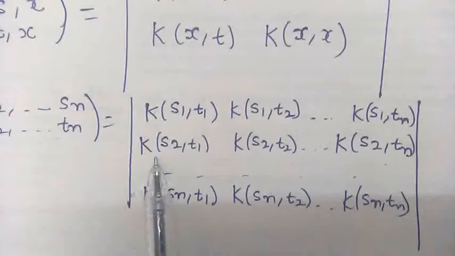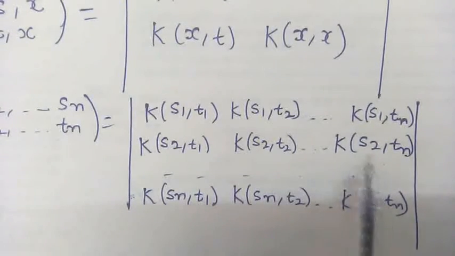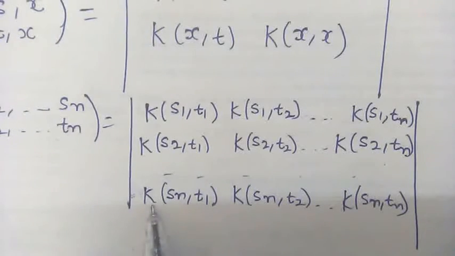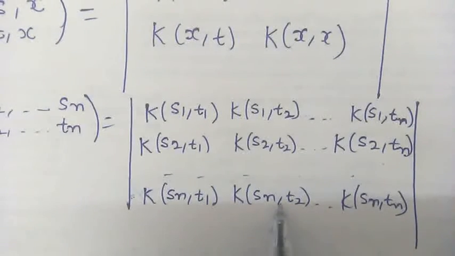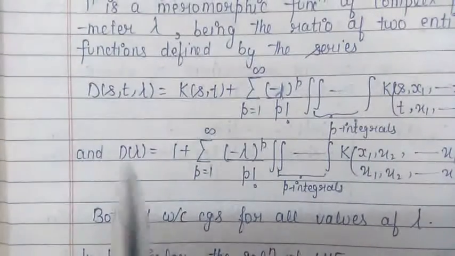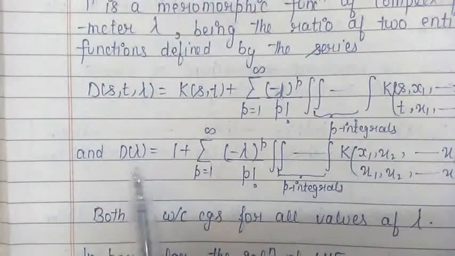In the second row we have k(s2,t1), k(s2,t2) and so on, k(s2,tn). And in the last row we have k(sn,t1), k(sn,t2), ..., k(sn,tn). So this is the notation which we have used in the definition of the determinants D(s,t,lambda) and D(lambda).